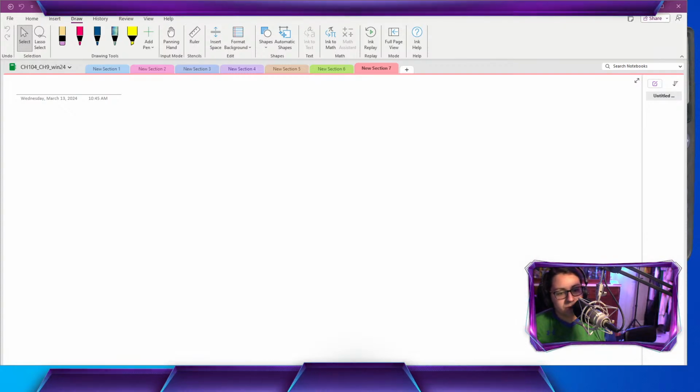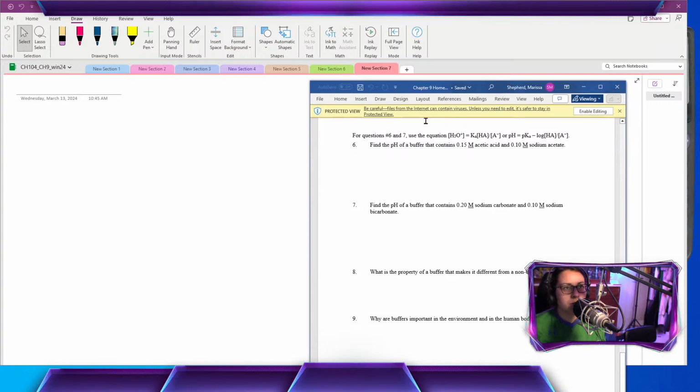Let's see, trying to find anything difficult. Yeah, your homework actually doesn't look too bad because you don't have any stoichiometry problems. Note the formula.